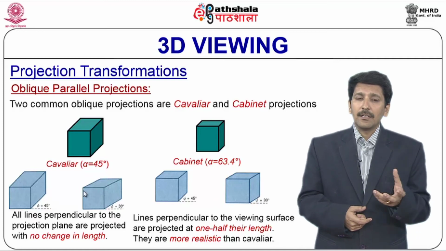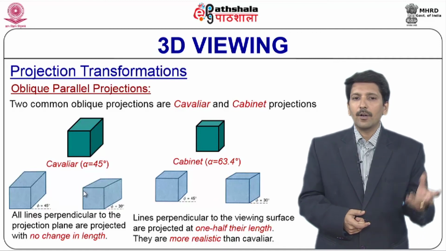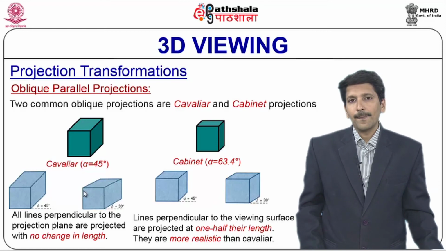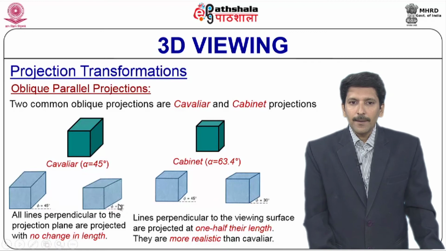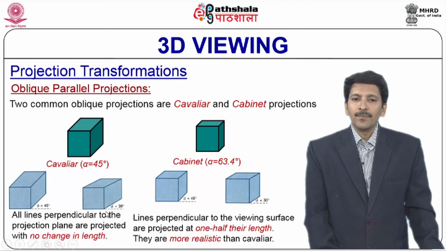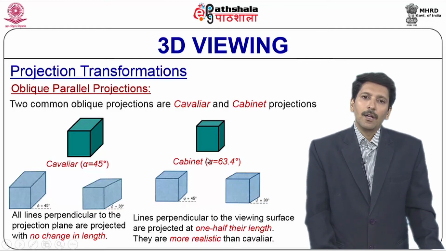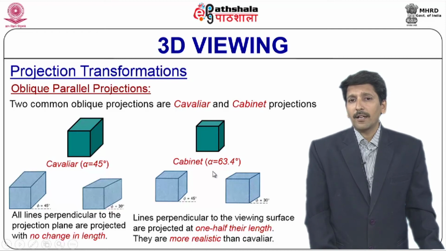Phi can be considered fixed; 30 and 45 are the standard conventions for phi. Phi is the angle between the horizontal and the imaginary line. So, this is the shape when phi is 30, and this is the shape when phi is 45. Here for Cabinet, when phi is 45, this is the shape, and when phi is 30, this is the shape, alpha being 63.4, tan alpha being 2.